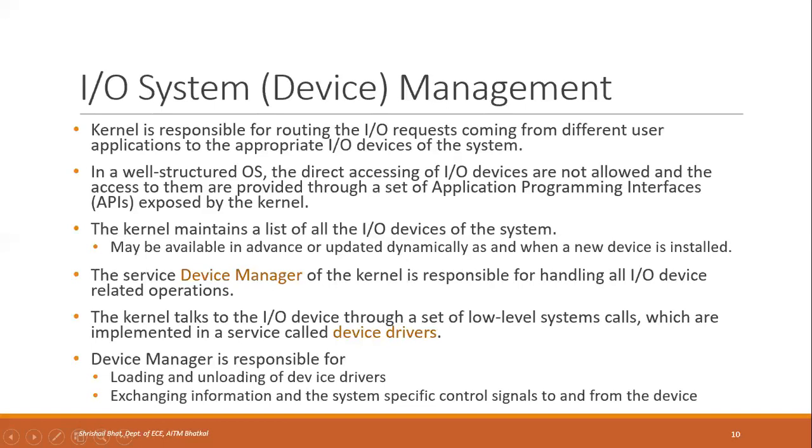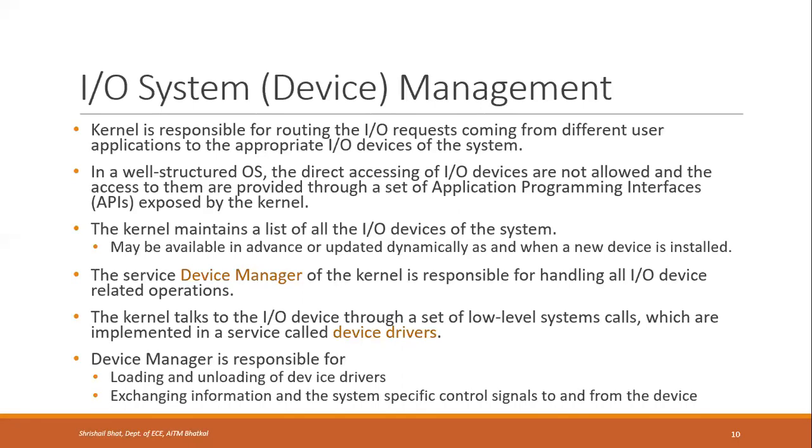For each IO device, there has to be code which is used for communication, or which is used to implement the particular operation of the IO, and those are called device drivers. The device manager is responsible for loading and unloading of device drivers, then exchanging information and the system specific control signals to and from the device.